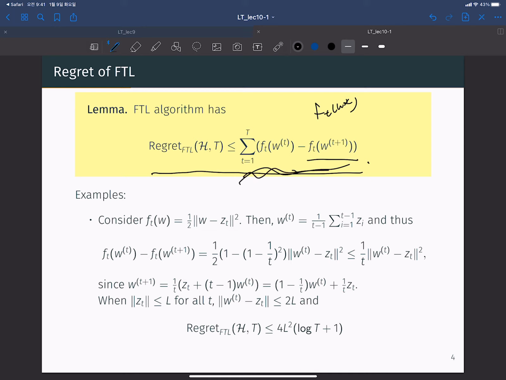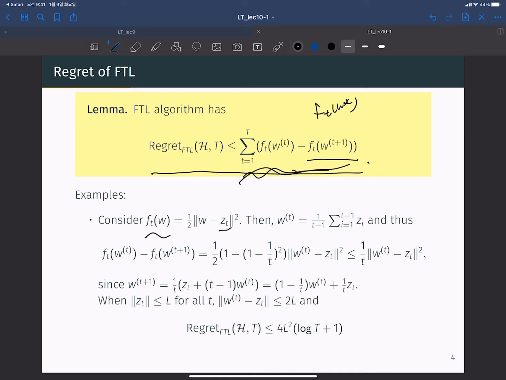So this lemma is already very useful when you consider f_t as a mean squared error or L2 loss with respect to some arbitrarily selected z_t vector.